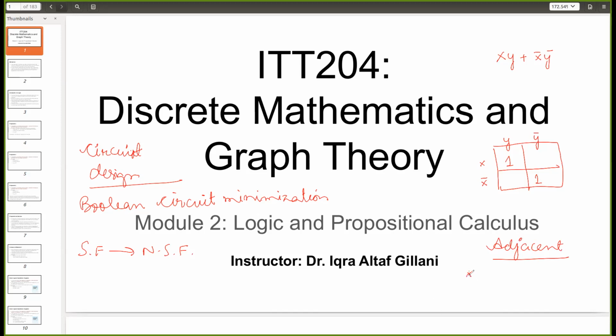What is the general notion of being adjacent in a Karnaugh map? Yes, class. When do we say two cells are adjacent? All should be same? Is it that all should be same?